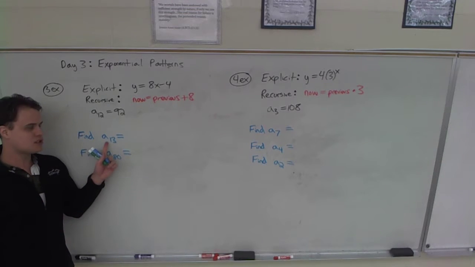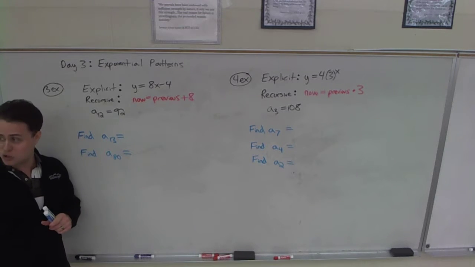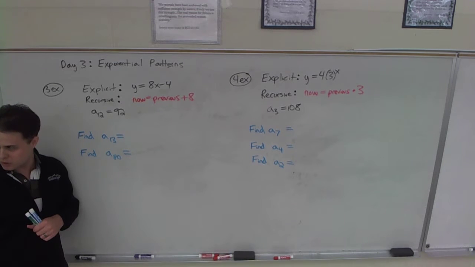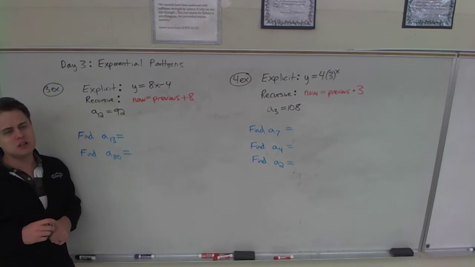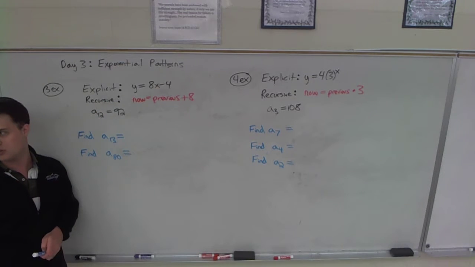So, if they ask us to find, what is this then? The 13th spot, exactly. Very good, Hunter. It's the 13th term in the sequence. What would be easier to use? Would the explicit or the recursive be easier to use to find the 13th spot? Explicit. Recursive.